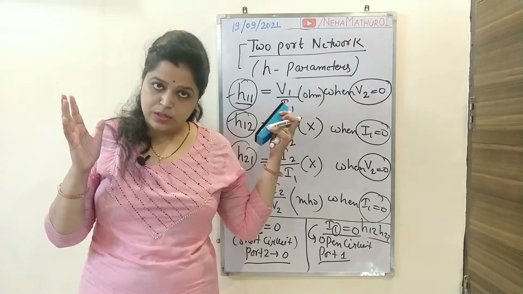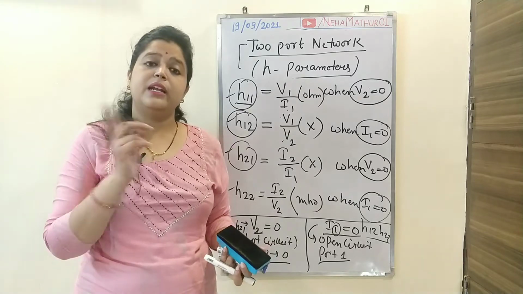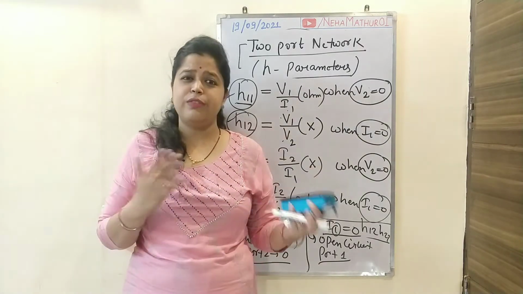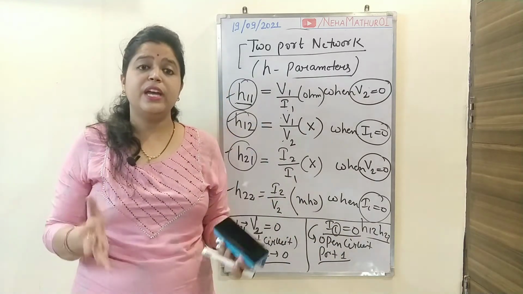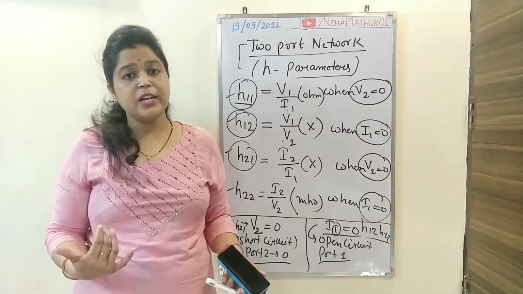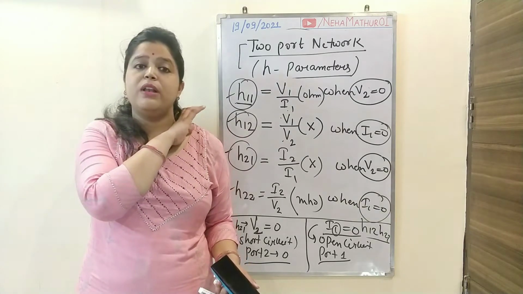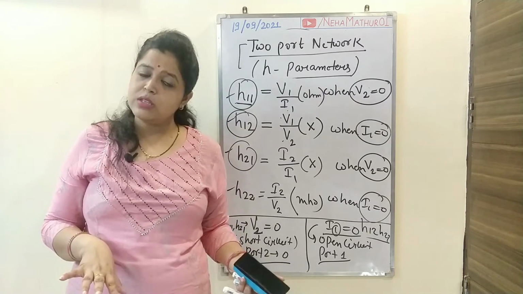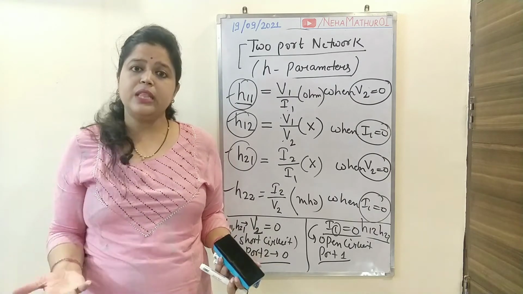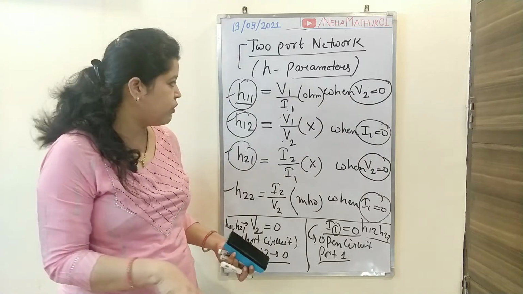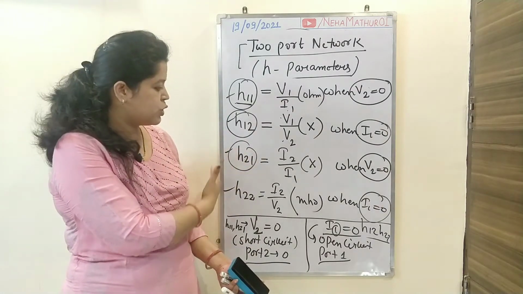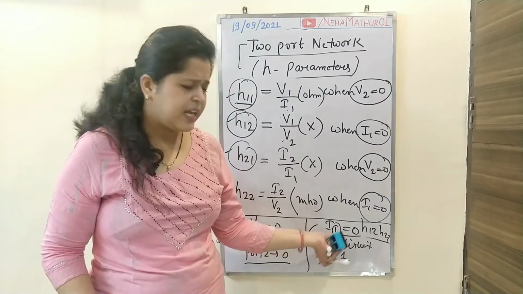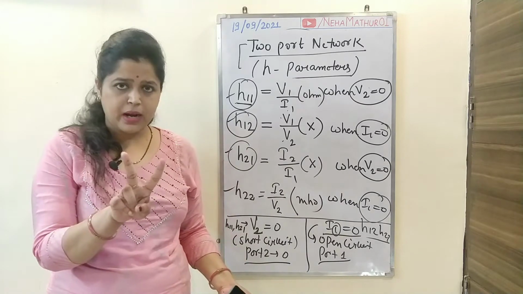If I am going to conclude the topic, the point is that here, instead of having the traditional dependency and independency of V1 and V2, I1 and I2, here we have V1 and I2 as dependent variables, while I1 and V2 are treated as independent variables. On the basis of this concept, I write two equations, and with the help of these equations, we will be able to find H11, H12, H21 and H22 just by taking port 1 as an open circuit for the calculation of two parameters.